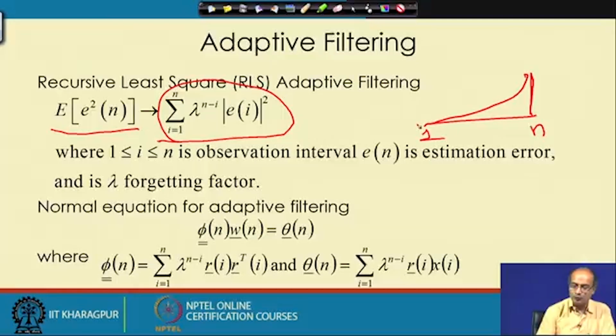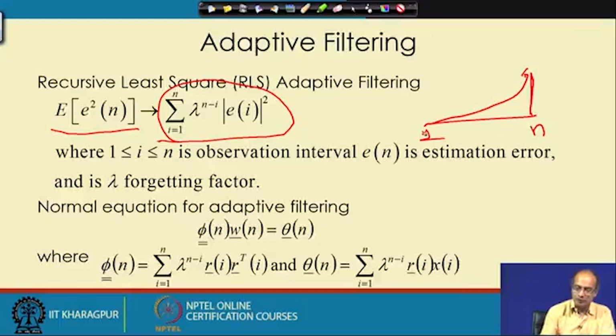So, in other words, though we are doing averaging, we are giving the maximum weight to the present error and to the nearby past. As it goes further and further, the influence would be reducing. So, that is the main assumption of the RLS algorithm.